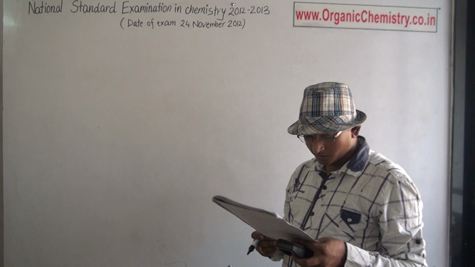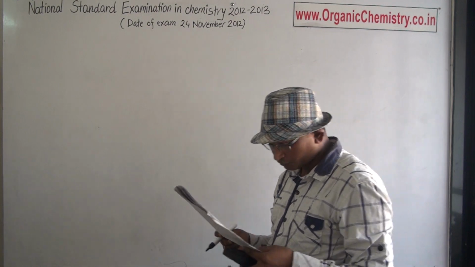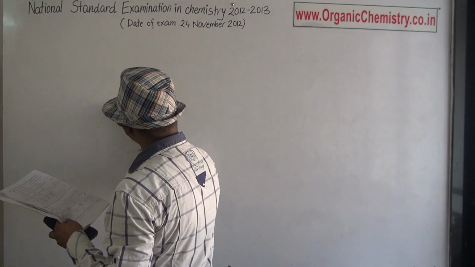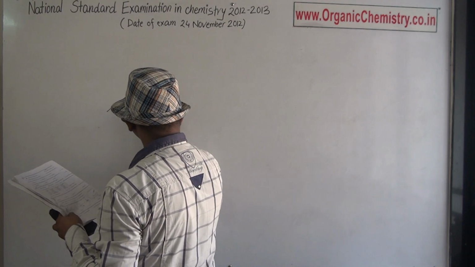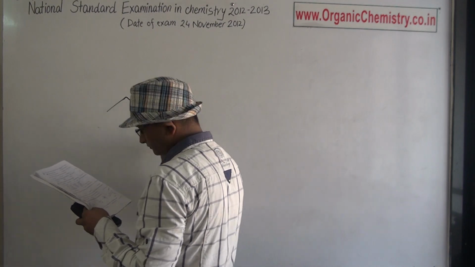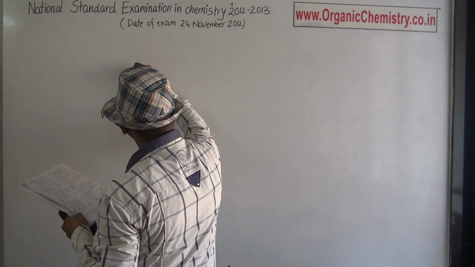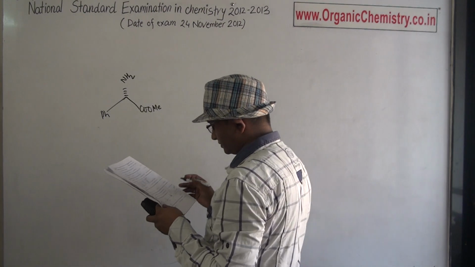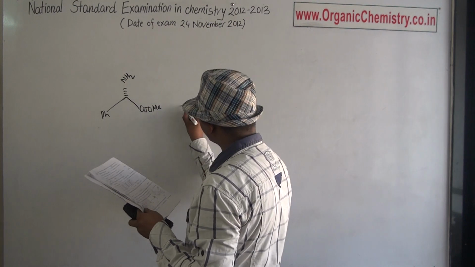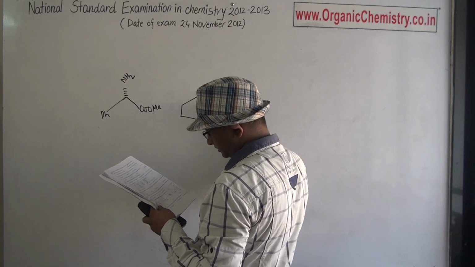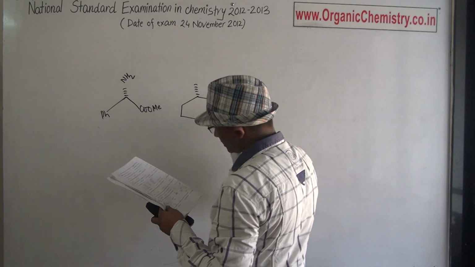Now, a question on RS nomenclature. They have given 4 structures. The first structure has Ph and NH2 here. The second structure is cyclohexene attached with methyl.